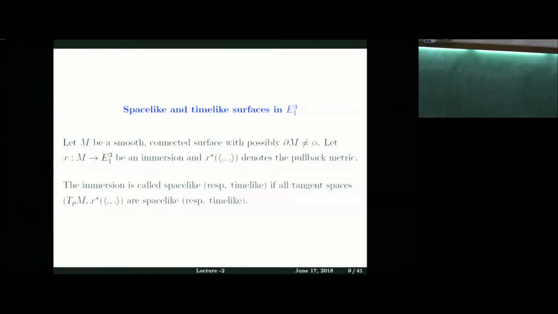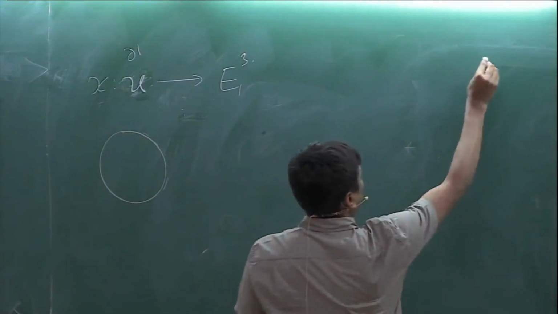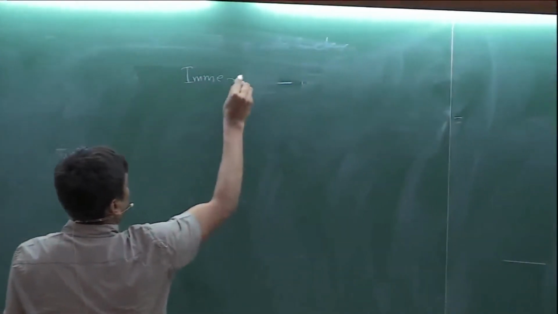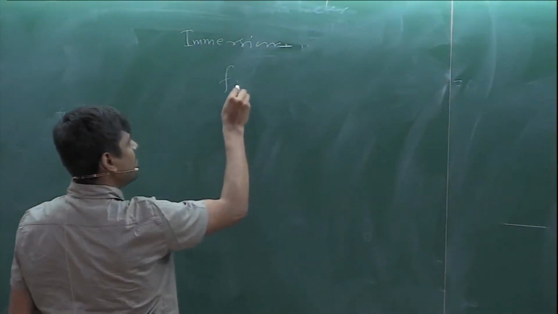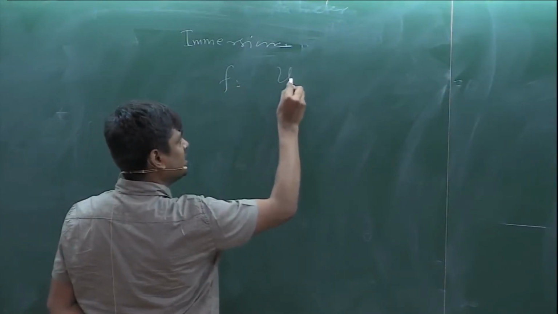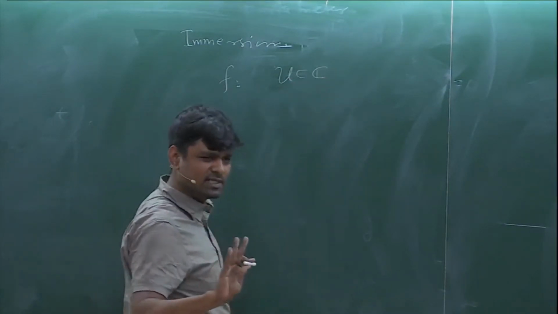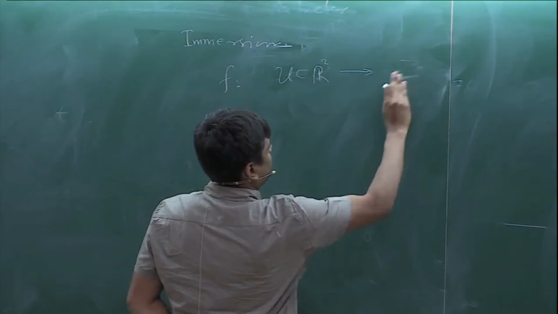Now what you do, first of all, because I mentioned the boundary, what do you mean by immersion? F is a map from some open subset of the plane, not just a manifold.